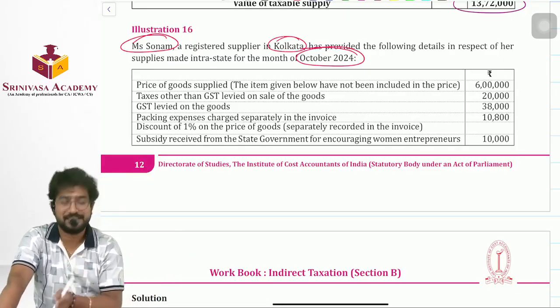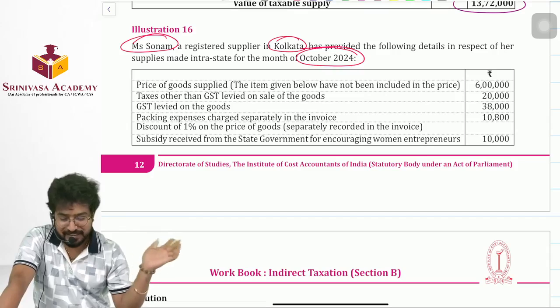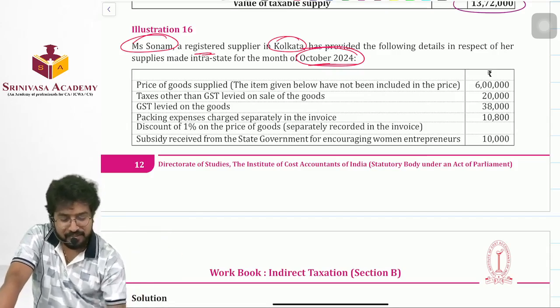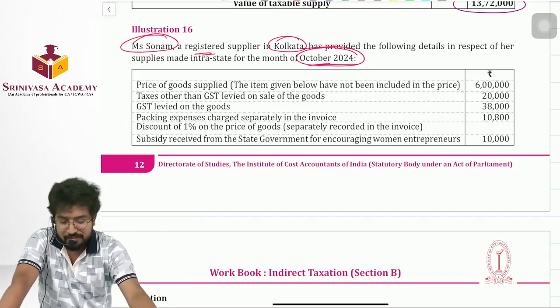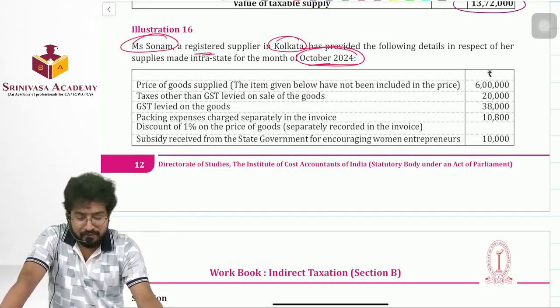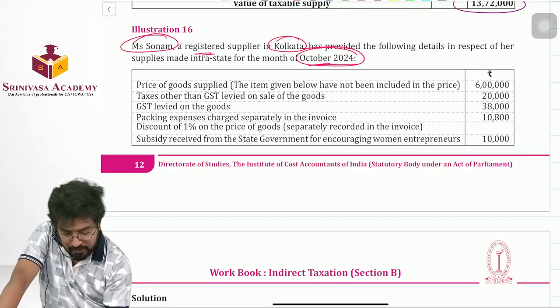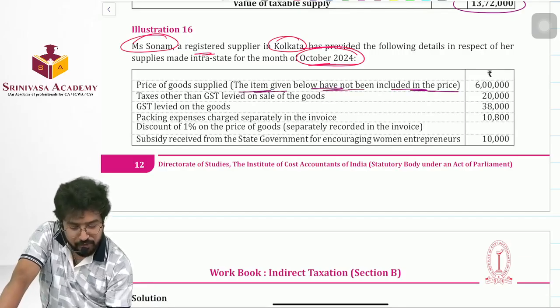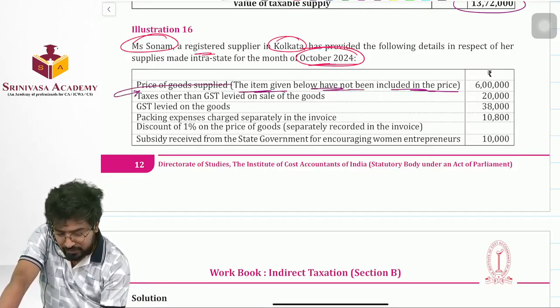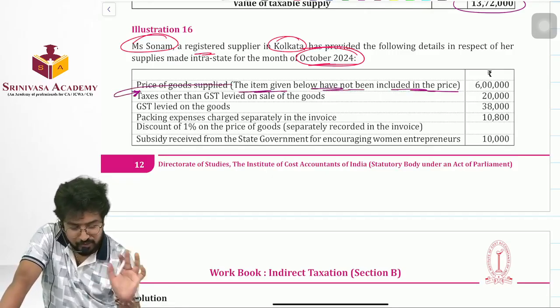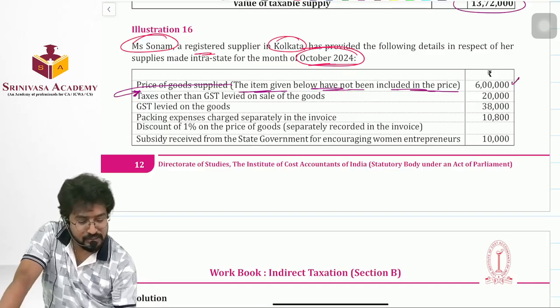Sonam is a registered supplier in Kolkata in the month of October. Listen. Price of the goods supplied. The items given below have not been included in the price. This line, if you had given it as a second point, would have been better.